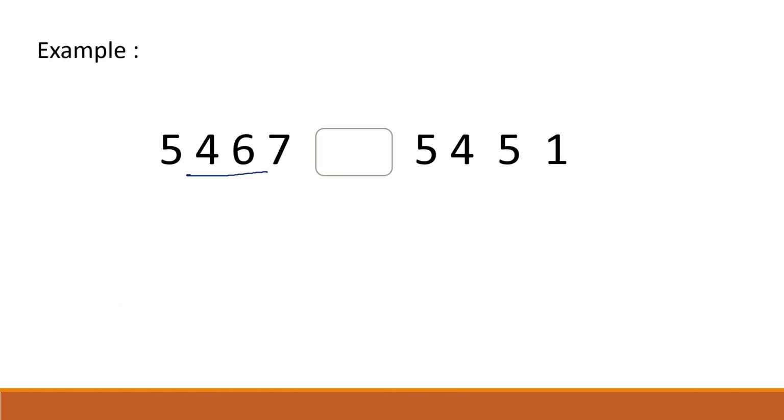If the two numbers have the same number of digits, for example, the number on the left hand side has 4 digits and the number on the right side also has 4 digits, so here both the numbers have the same number of digits. In this situation, what we have to do is compare the higher order, that is ones, tens, hundreds, thousands. So we have to go to the higher order.